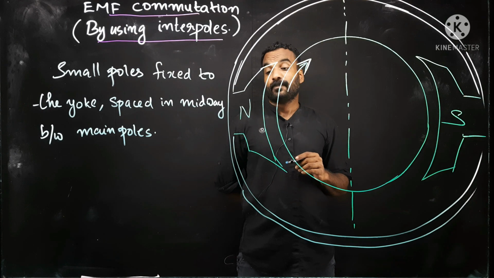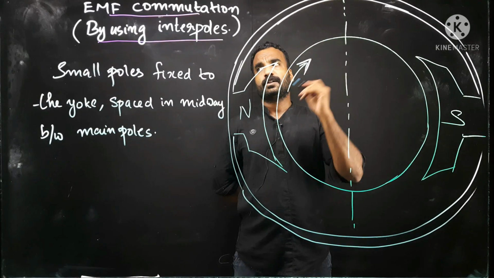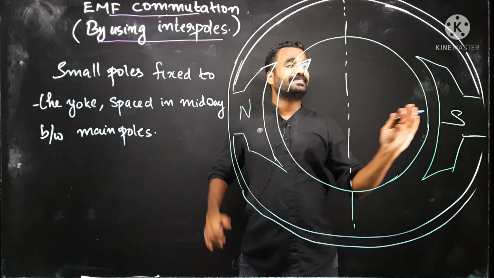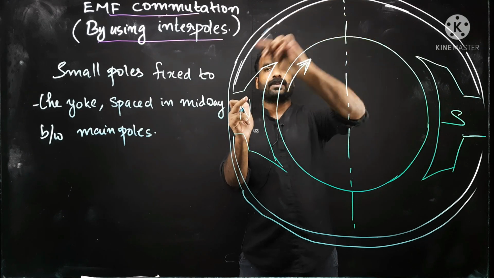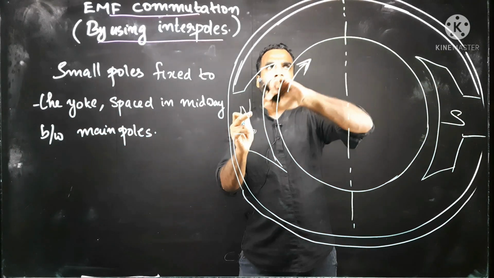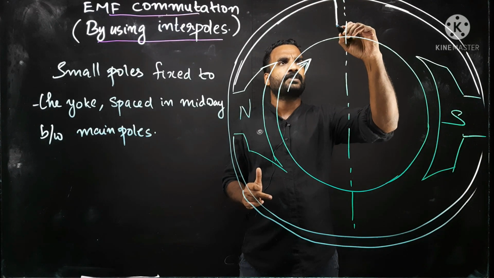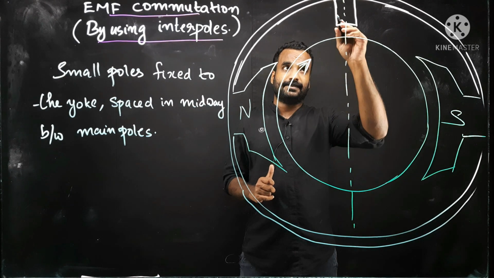So, the main poles are already fixed on the yoke. Now it is your time to fix the interpoles. So interpoles should be spaced in between the main poles, in midway. This is the total distance between the main poles, so this is the midway. There is one more important point for this question: this is the geometrical neutral axis.